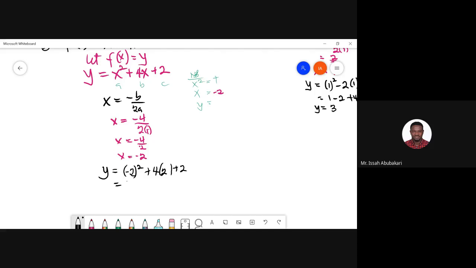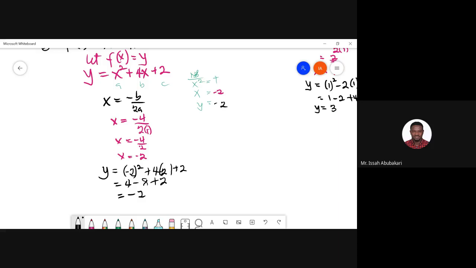And at the end, we have positive 4 minus 8 plus 2. And our answer is what? Minus 2 also. So our vertex is minus 2, minus 2. Please, is that okay?